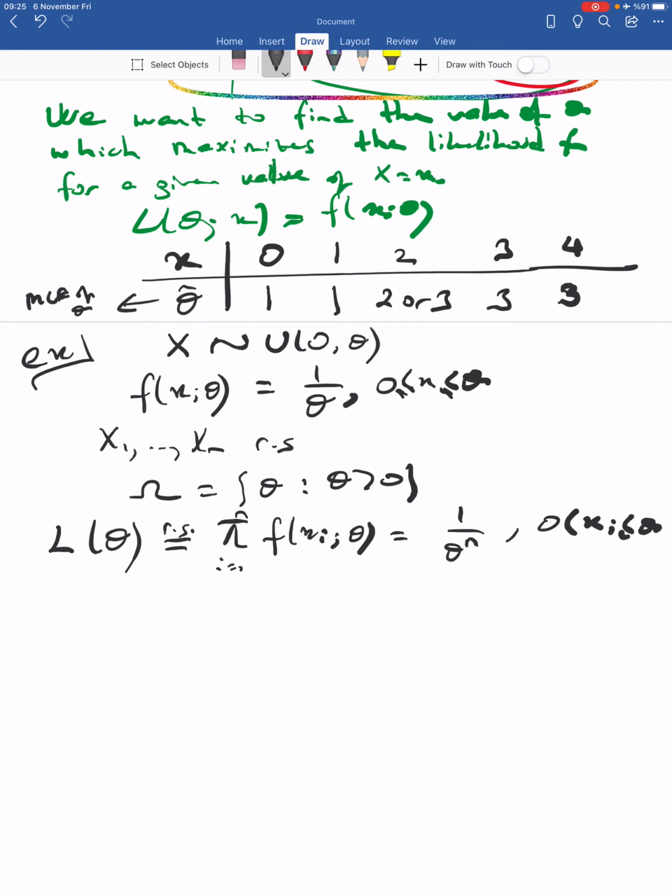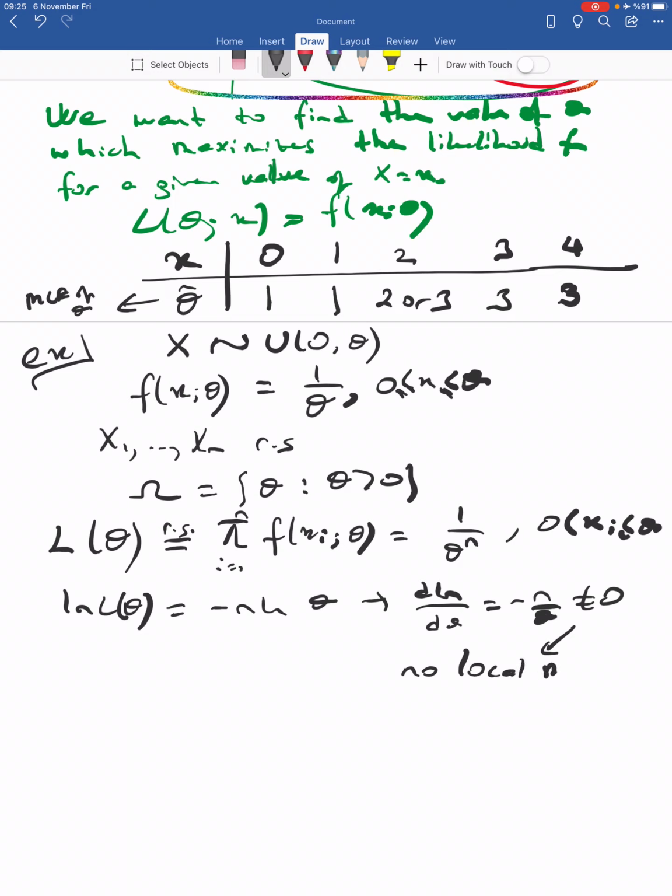Let's take the log likelihood function, minus n ln theta, and take the derivative. You will see we don't have any solution here. Minus n over theta is not 0, so we cannot find the local maximum. So there is no local maximum in the parameter space.